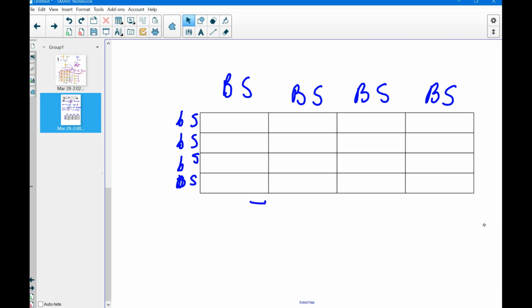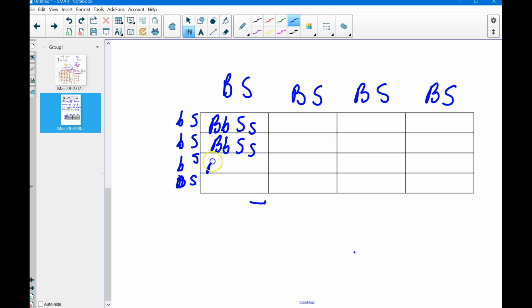So up here is going to be big B, big S, small s, big B, small b, big S, small s, and they're all going to be the same this time.